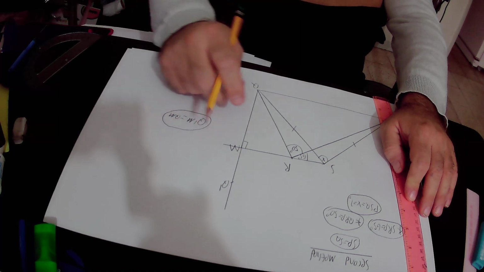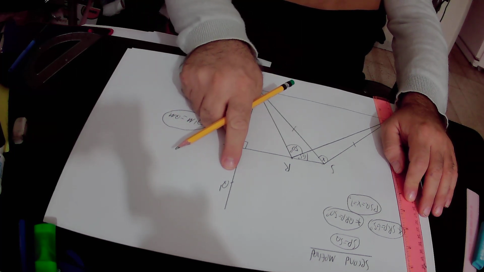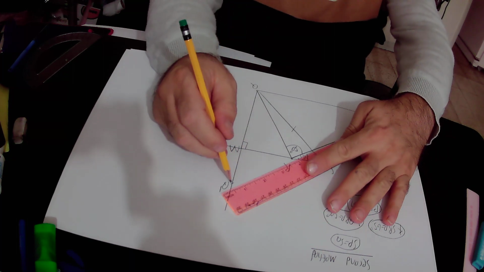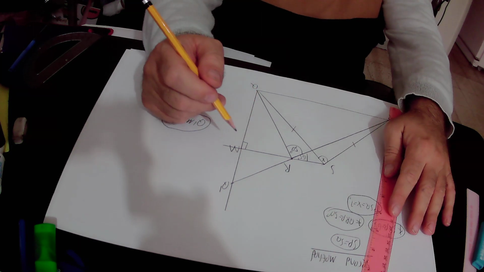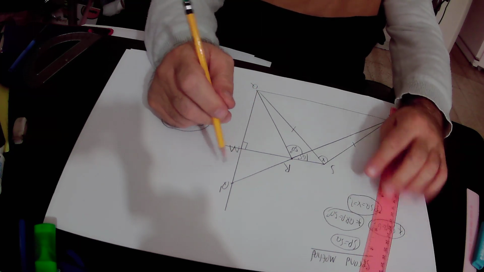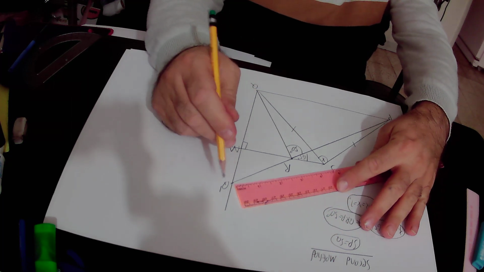Then we join together points R and Q dash by a straight line, and we also join together points S and Q dash by a straight line.